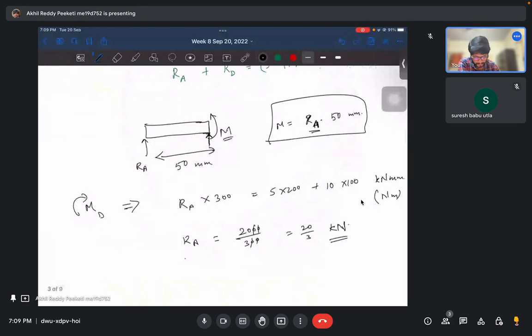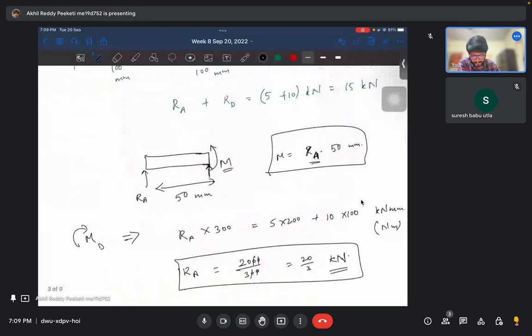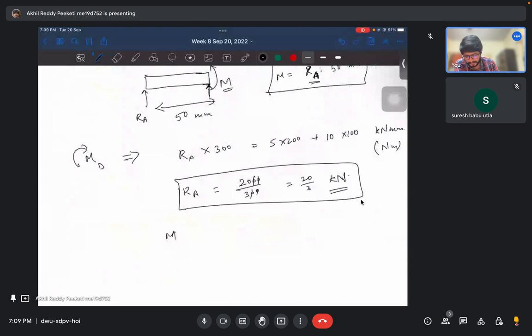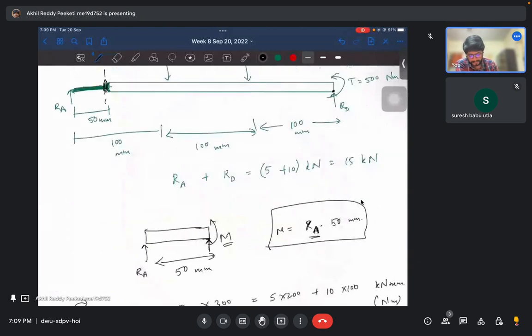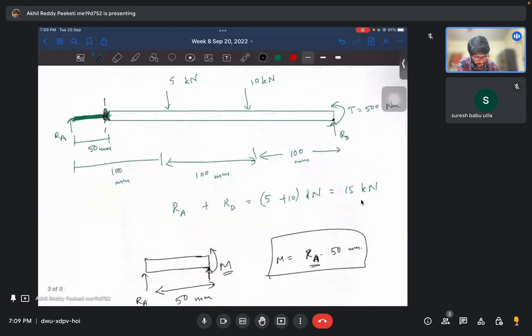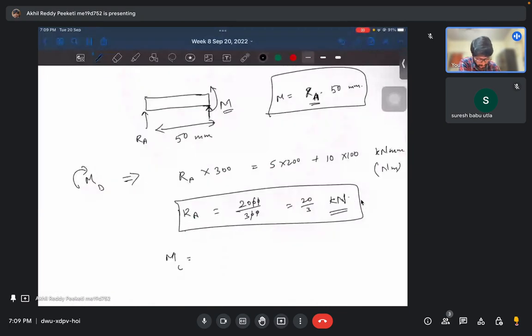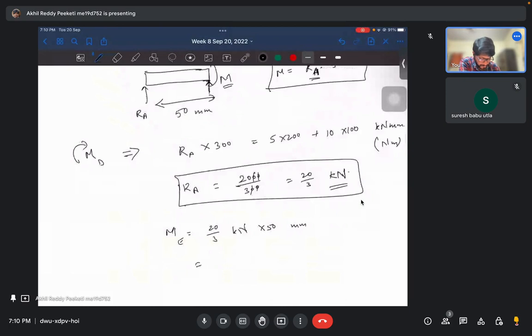So the moment acting at the step, let's say the points are A, B, C, D, and E. Moment at point E would be RA into 50 mm. So 20 by 3 kilonewtons into 50 mm, so 1000 by 3 Newton meter. So now we got the moment also.